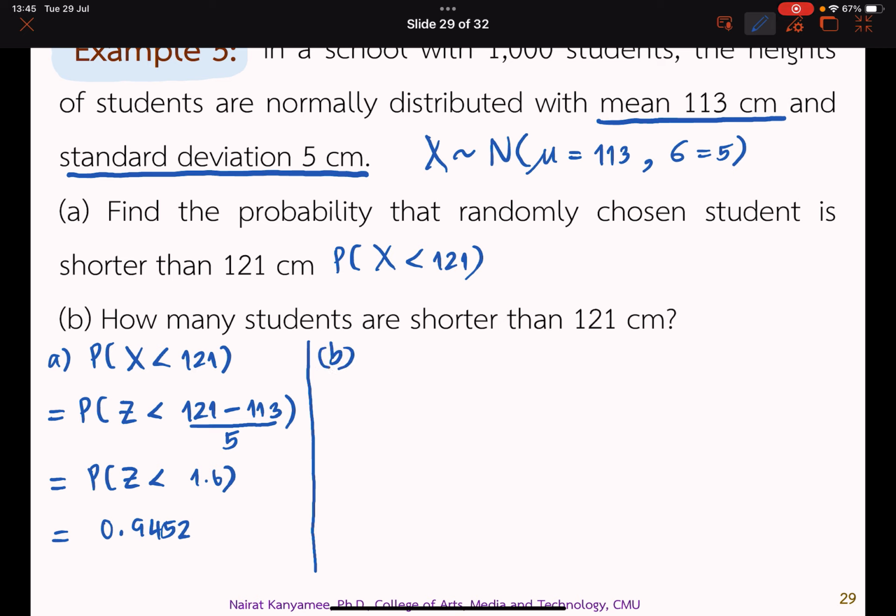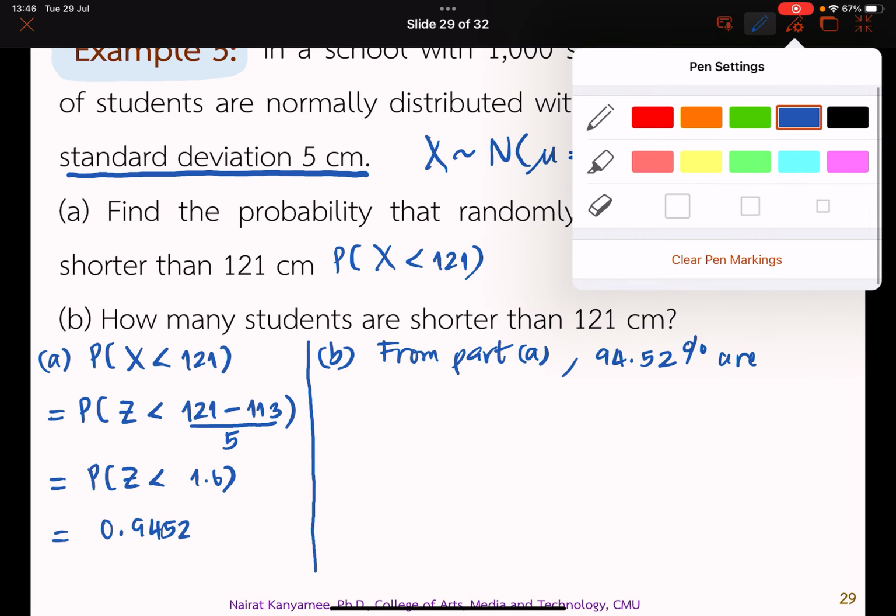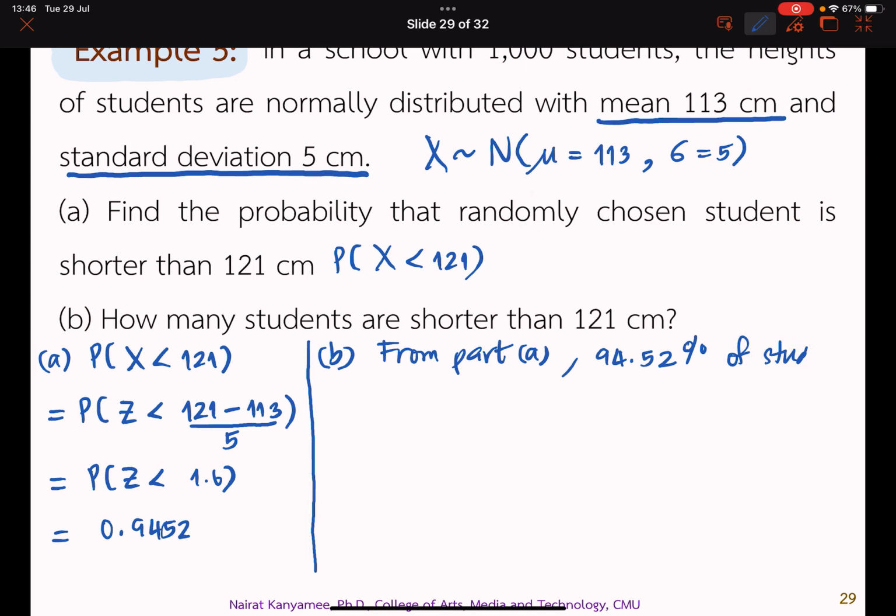So part B, we use that to find part B. It's asking for a number of students who are shorter than 121. From part A, we know that 94.52% of the students are shorter than 121 centimeters.